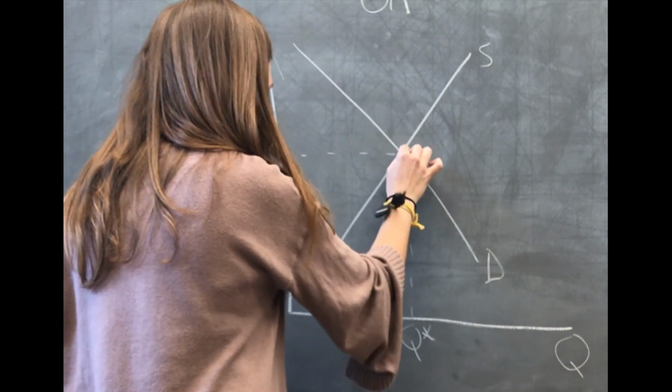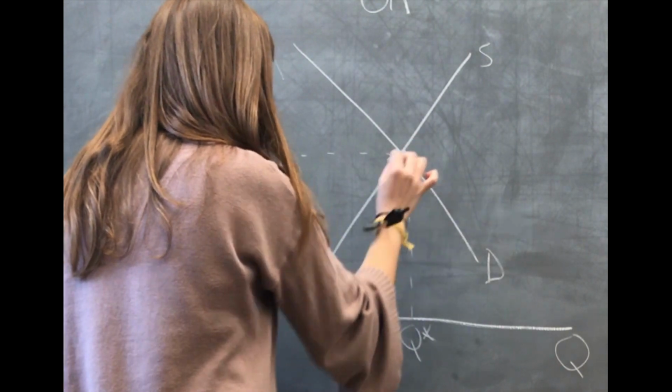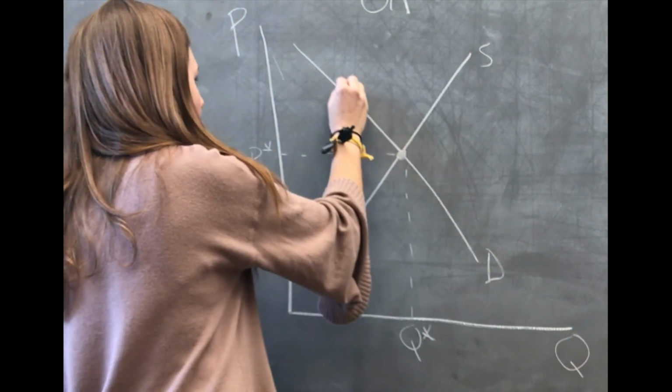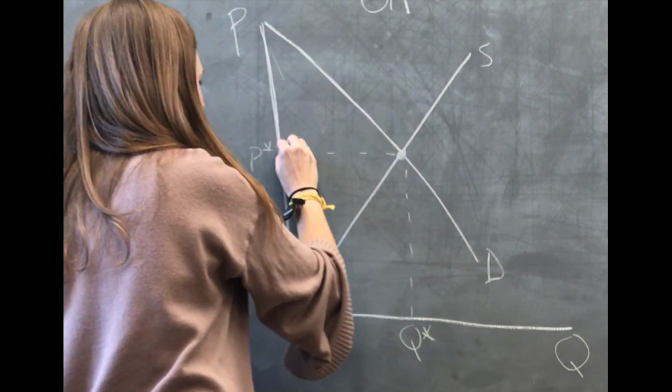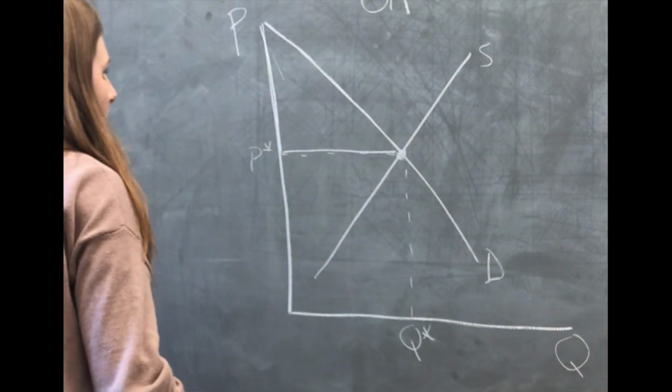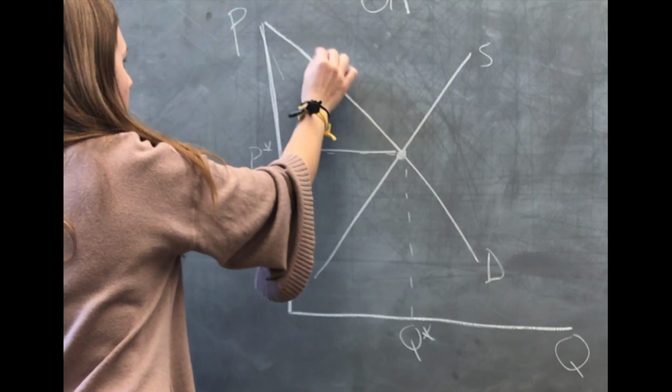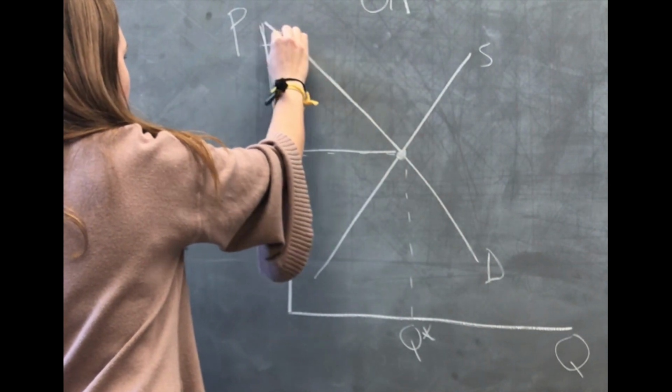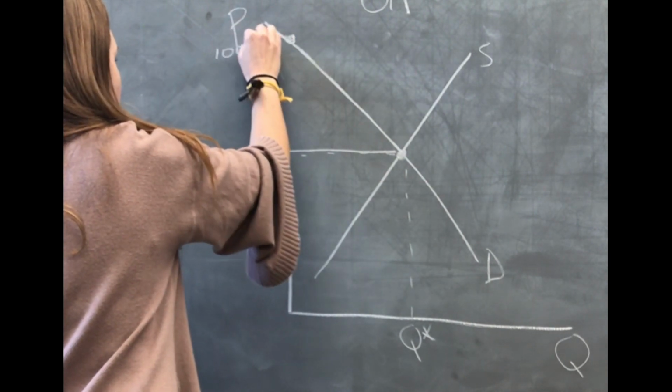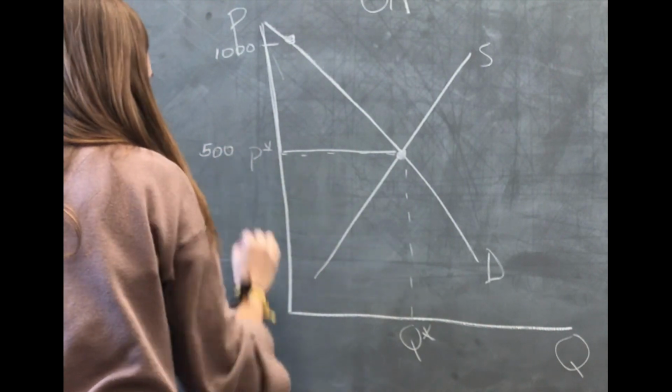So first of all, let's talk about surplus, okay? We're going to look at the area first between equilibrium and the demand curve. All these different points along the demand curve are different consumers in the market, right? And so there are different prices at which people are willing to buy a good.